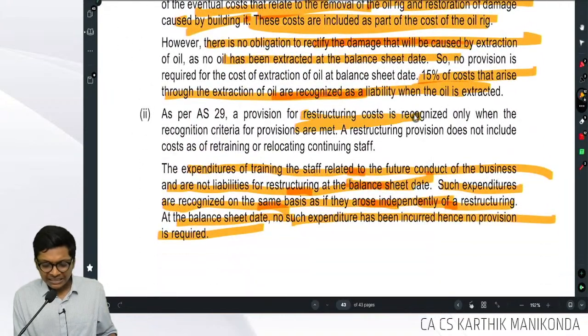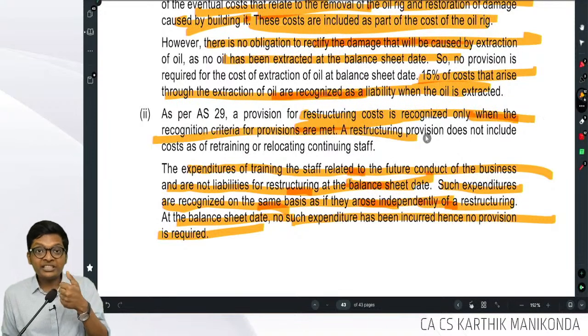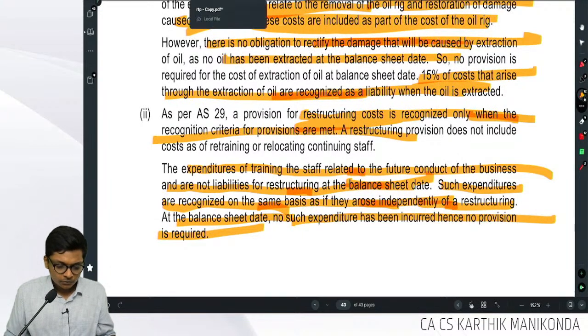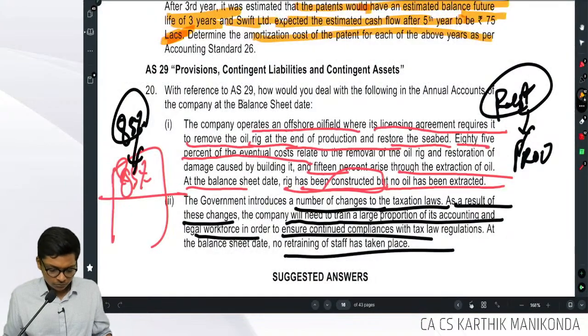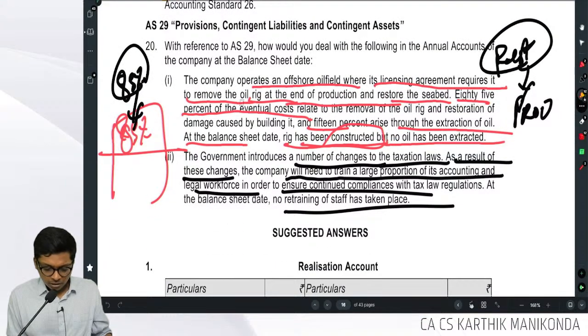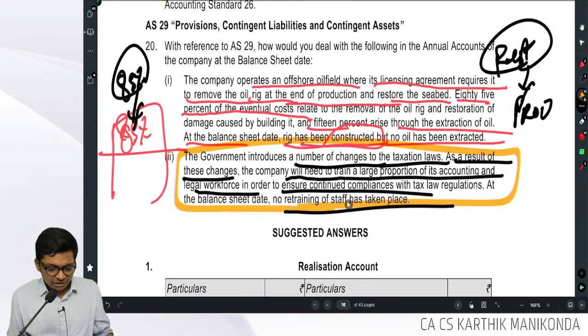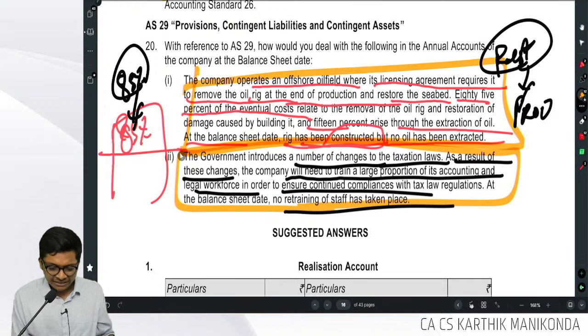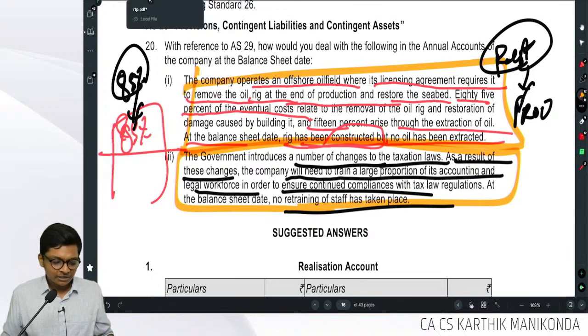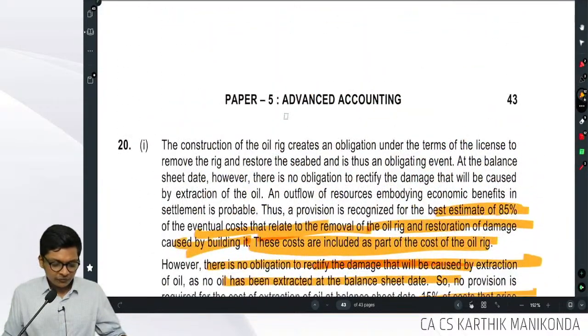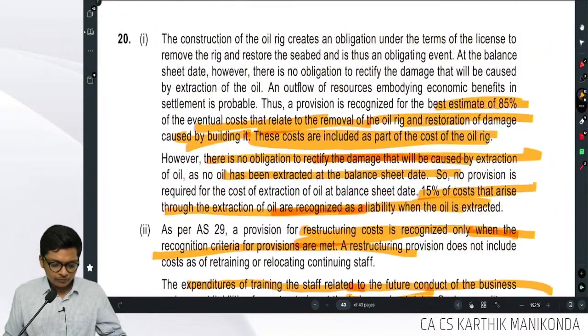We are talking about restructuring cost, which is recognized only when the criteria for provisions are met. Here, for staff training cost, the answer is not there in the RTP. They've answered the first thing itself twice, guys. This entire answer is for restructuring.